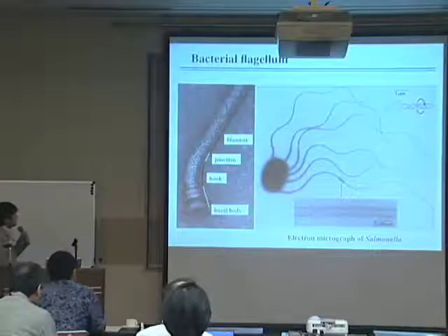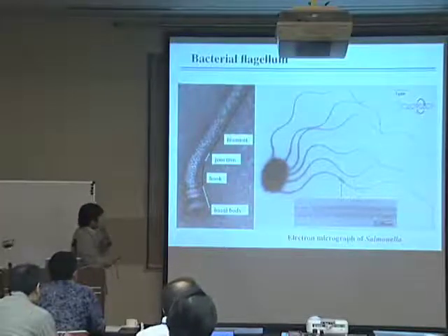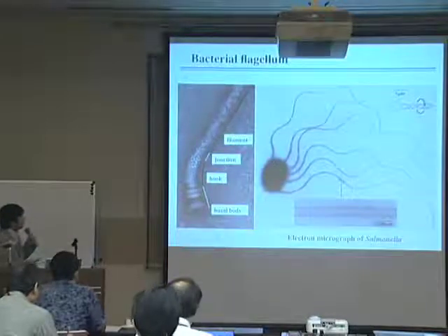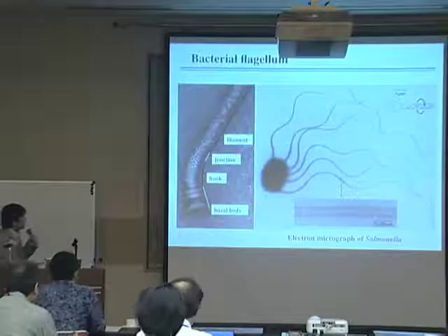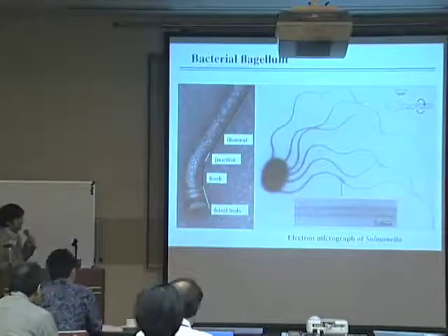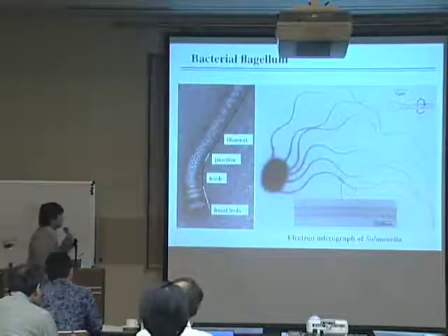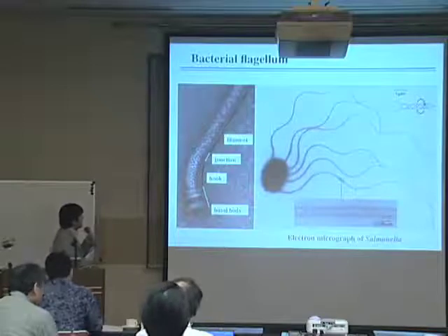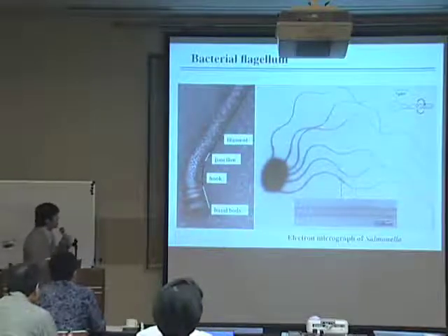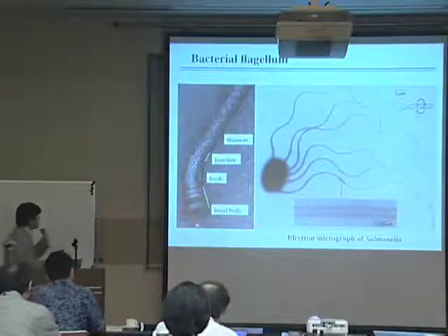This is the electron micrograph of the bacteria, Salmonella. Salmonella also has several filamentous things. We call this the flagellum, and you can see the wavy form. In the case of Salmonella, these filaments form a single bundle, and at the base of each filament we have a molecular motor.